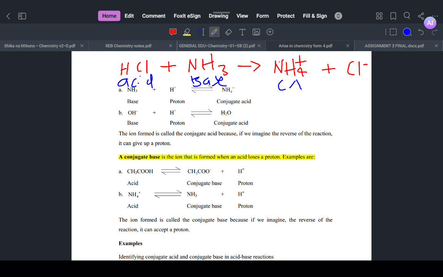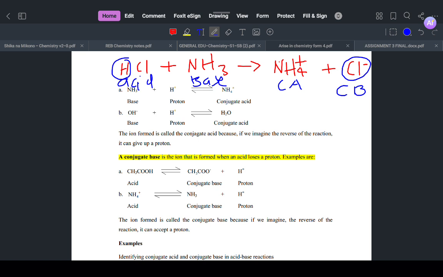So when the acid HCl has lost its hydrogen ion, what is going to remain is the Cl minus. So this is called the conjugate base.